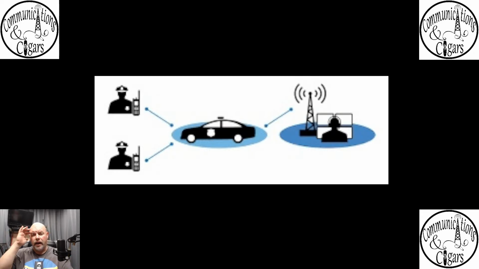Now, as time went on, companies that made vehicular repeaters started to add different things. You could use different tone sets, like a PL tone or a DPL tone. A handheld would transmit, let's say, a DTMF code or an MDC 1200 code, and that would wake up that repeater.